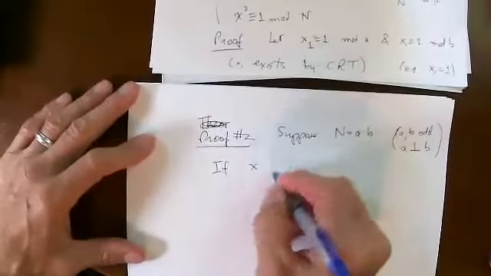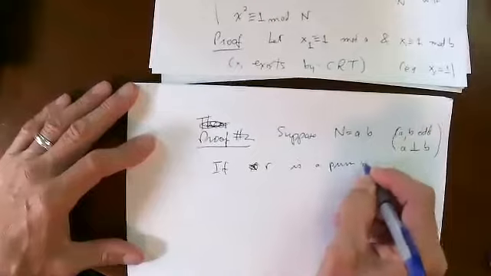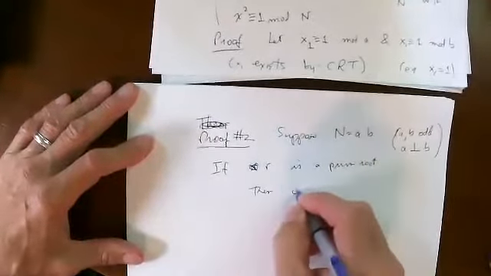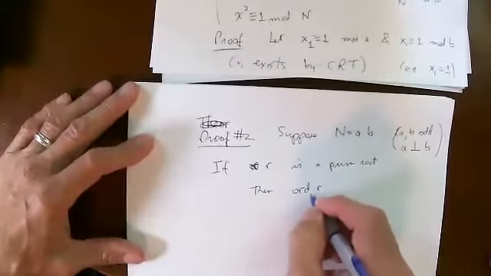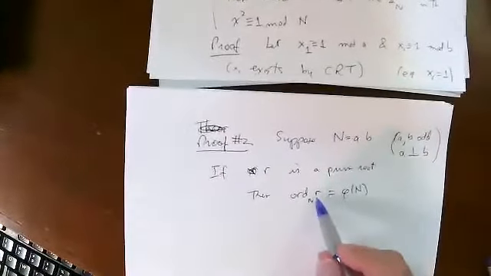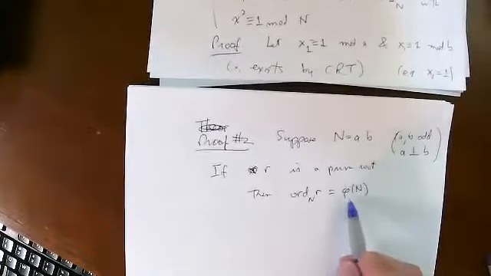If r is a primitive root, what's supposed to be true is that the order of r modulo n is supposed to be the whole maximum that it's ever allowed. You shouldn't ever come back to the identity element until you've risen all the way to this exponent.